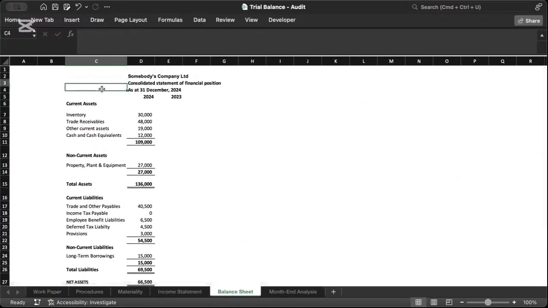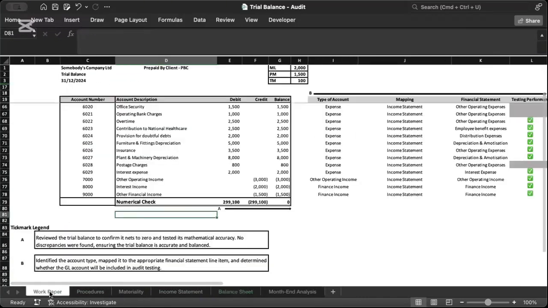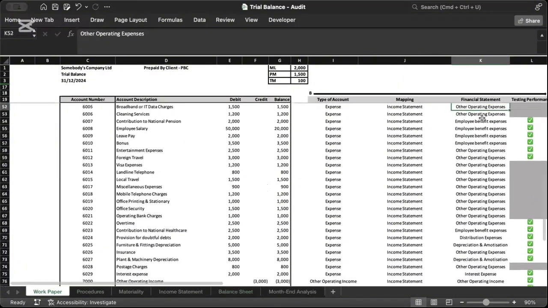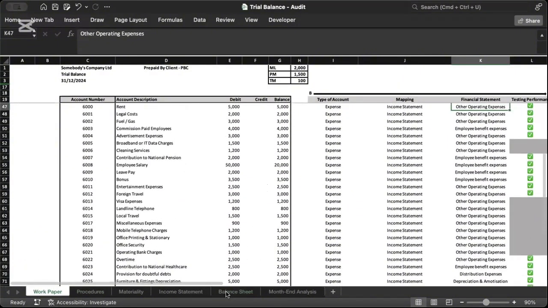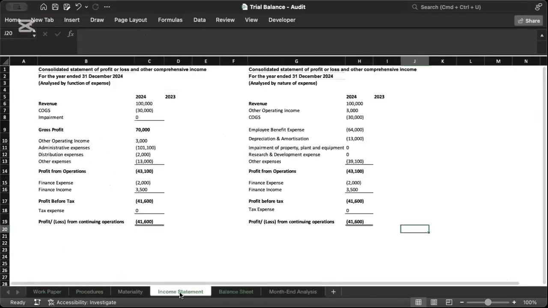This is a balance sheet, and you can see how all these line items are working, how all of the descriptions that we were working with in this work paper matter when we are now preparing the financial statements. You see the descriptions even here: what other expenses are, depreciation, amortization, employee benefit expenses, things like that.